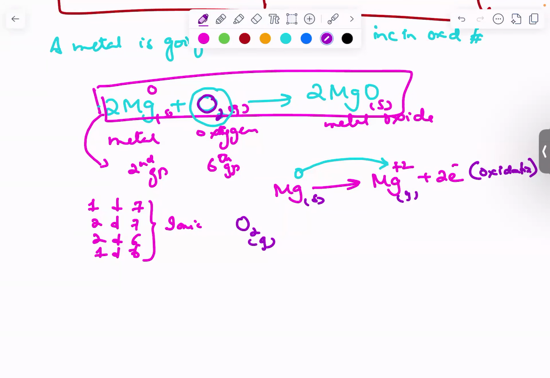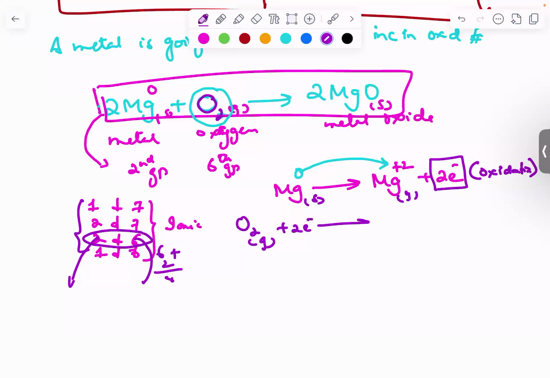Now always keep this in mind, that the two electrons which have been lost by magnesium, oxygen will gain them. This is the ionic bond, and this is between 2 and 6. All right, so two electrons will be lost by magnesium and two electrons will be gained by oxygen, because 6 plus 2 is 8. So two electrons to complete the octet, so that changes into O minus 2 gaseous.